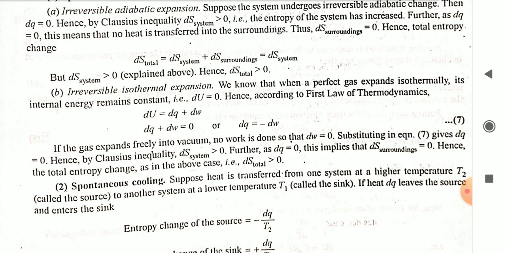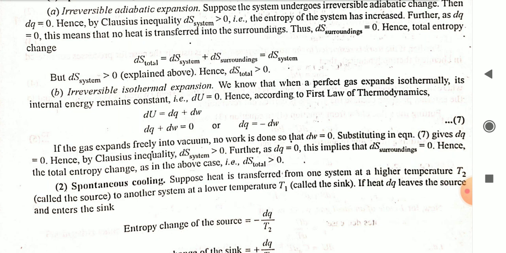B, irreversible isothermal expansion. We know that when a perfect gas expands isothermally, its internal energy remains constant. du is equal to 0 and hence according to the first law of thermodynamics, du is equal to dq plus dw. So dq plus dw is equal to 0, or dq is equal to negative of dw.